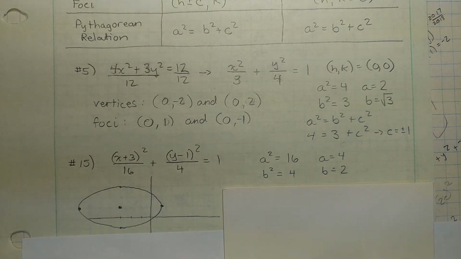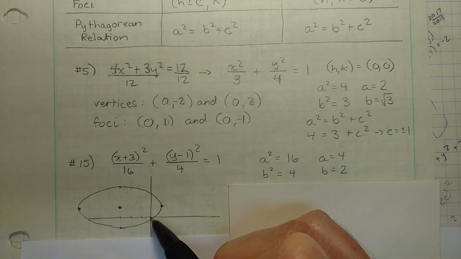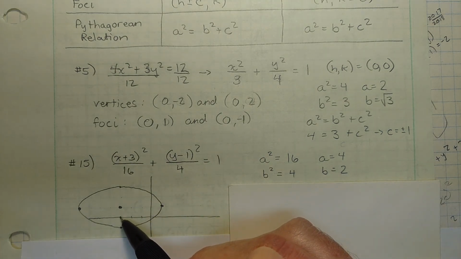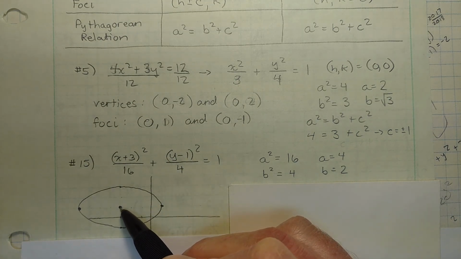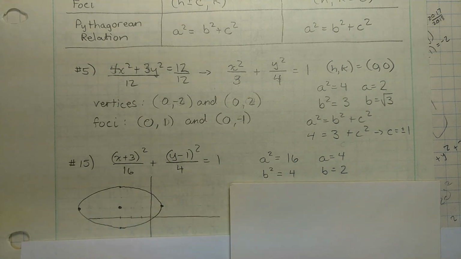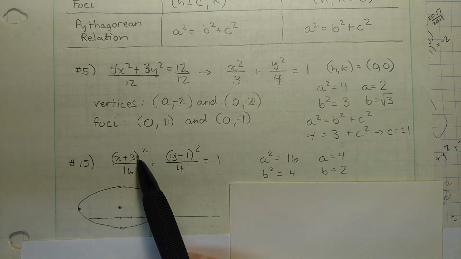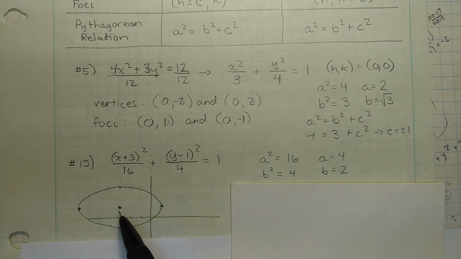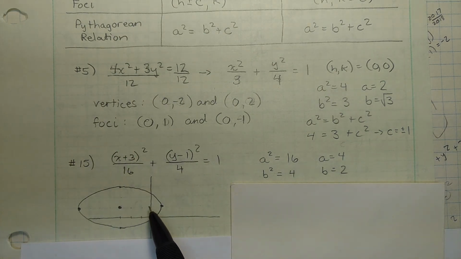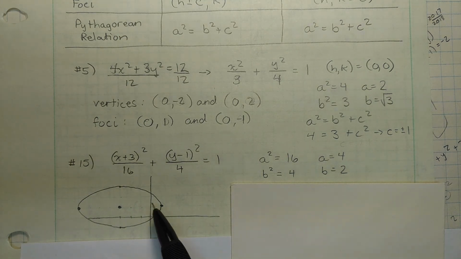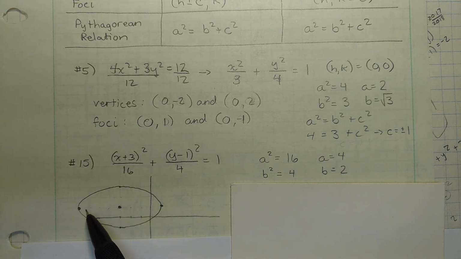So I'm going to go here and I sketch this. I go x of negative 3, so I go back 1, 2, 3, y of 1, plot my center right there. Then, since this is horizontal in nature, and my a is 4, I go horizontally 4 to the right for one of the vertices, and then 4 to the left of the center for the other vertex.